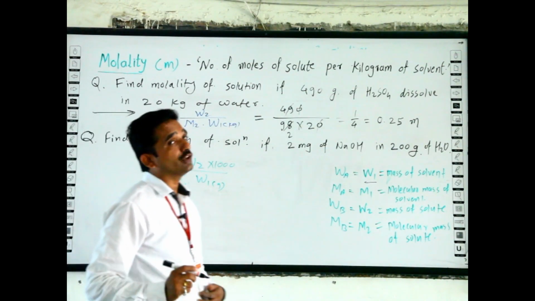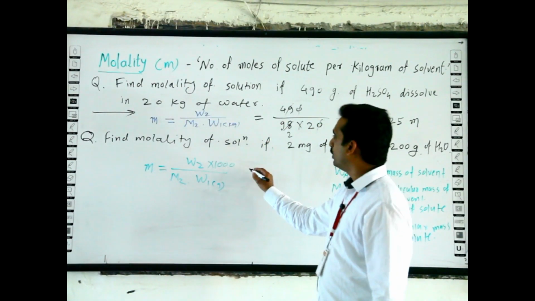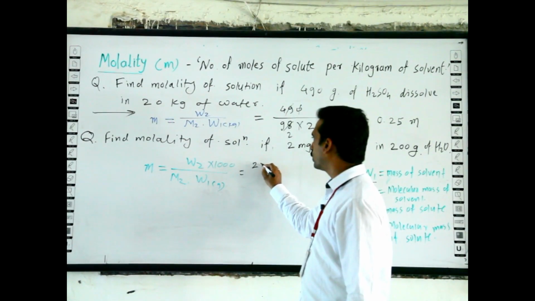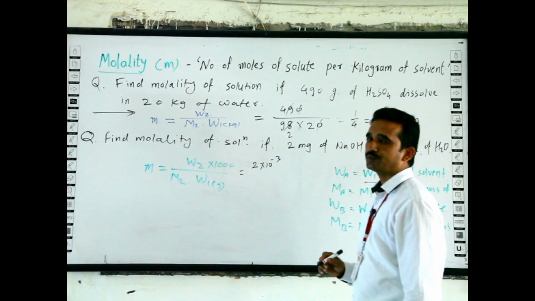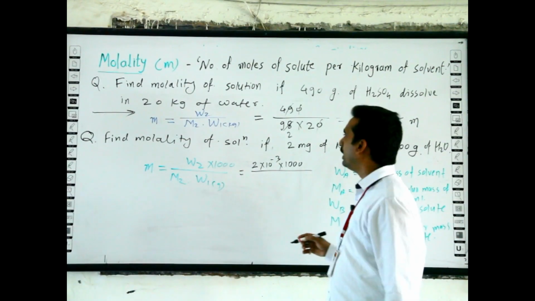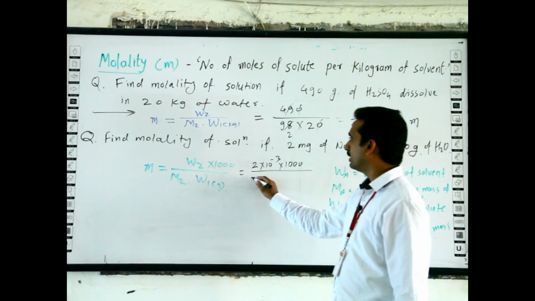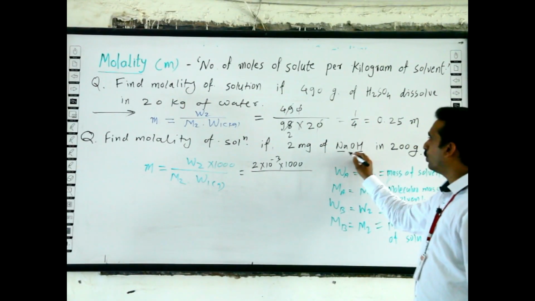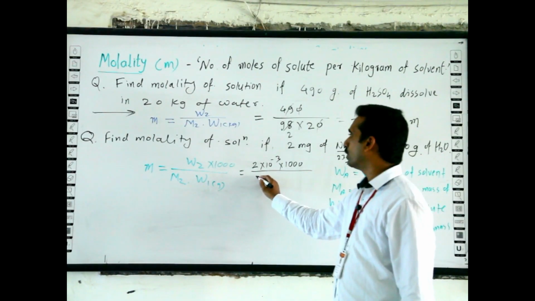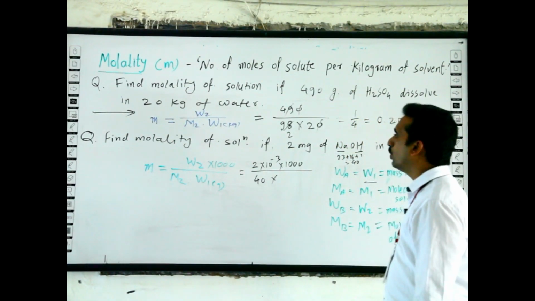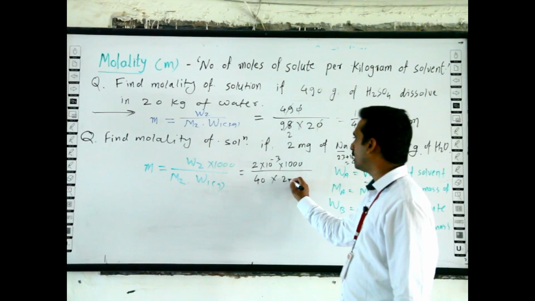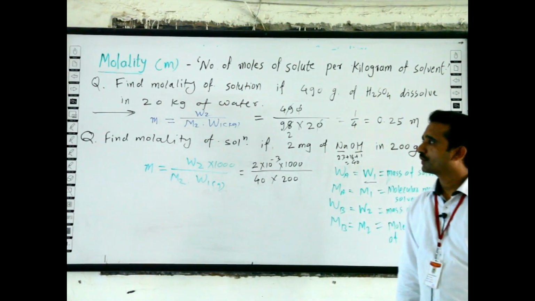Hence the calculation will be: W2 is the weight of solute, 2 milligram, that is 2 into 10 to the power minus 3, into 1000, divided by M2, the molar mass of NaOH, 23 plus 16 plus 1 is equals to 40, into W1. W1 is the weight of solvent in gram, that is 200.